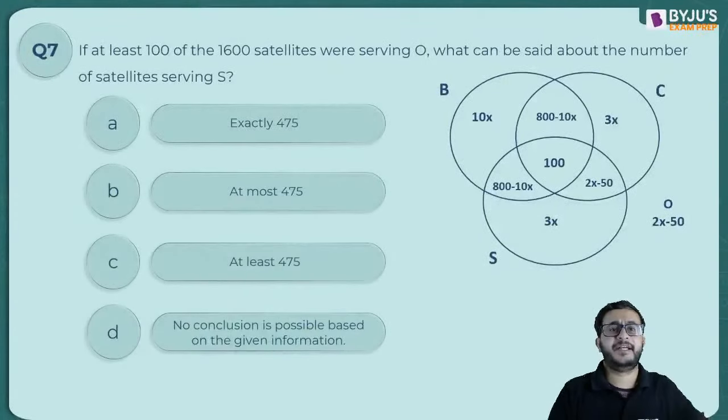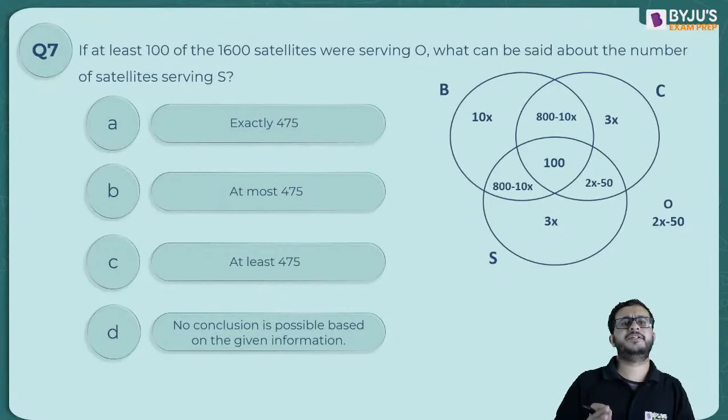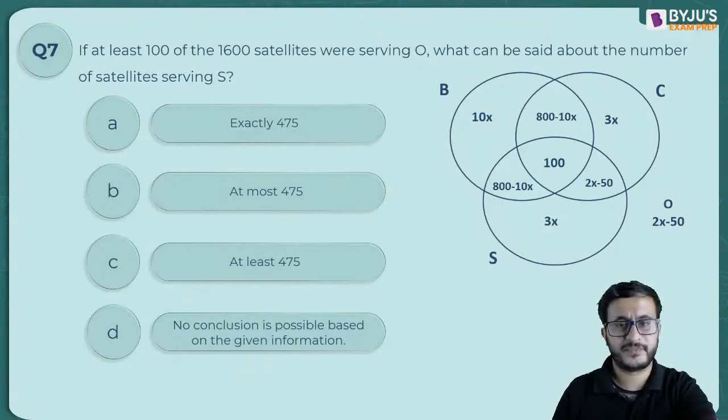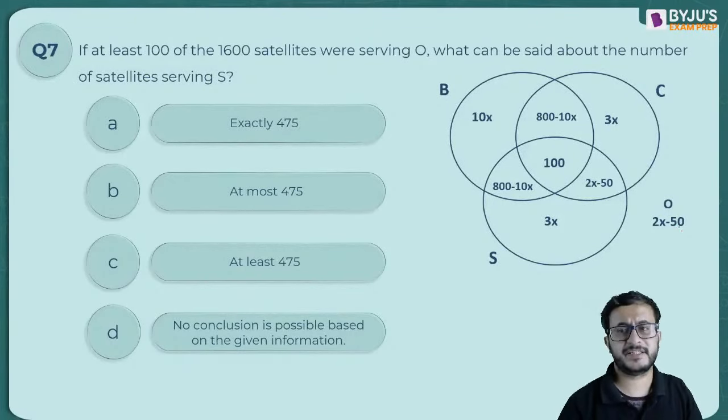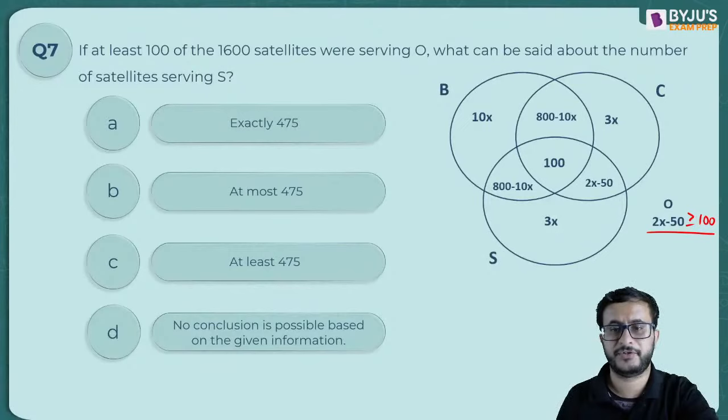Okay. If at least 100 of the 1600 satellites were serving O, what can be said about the number of satellites serving S? At least 100 of these satellites were serving O. That means 2x minus 50 is greater than or equal to 100. So you'll get a minimum value of x and you have to tell the number of satellites serving S. Or it could be of the type cannot be determined?